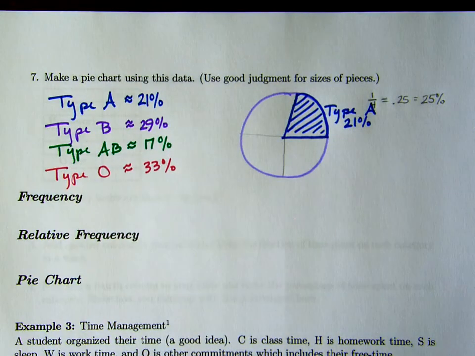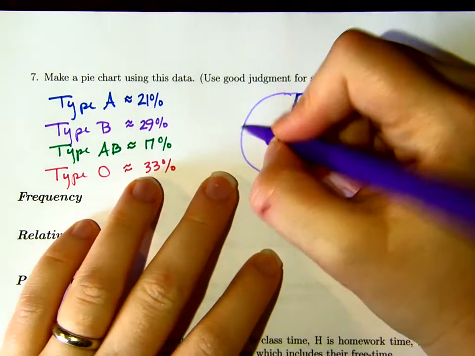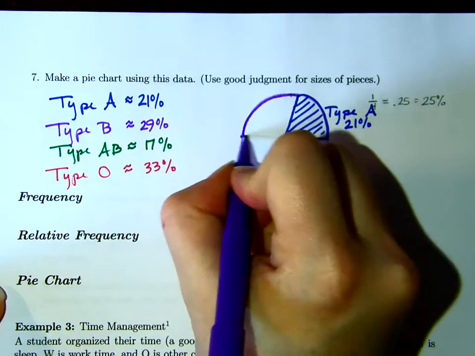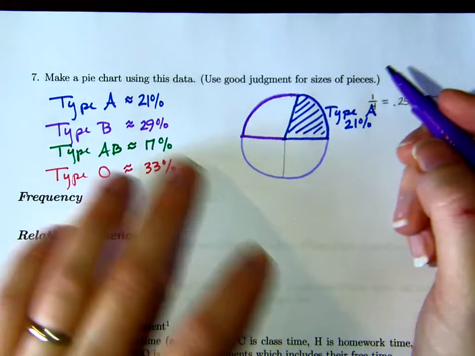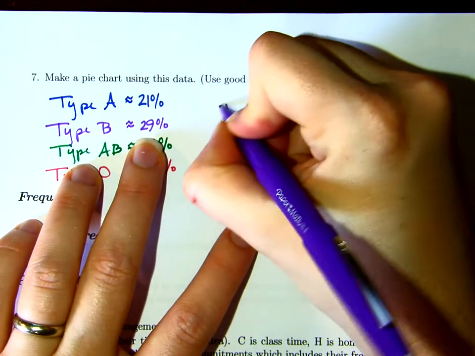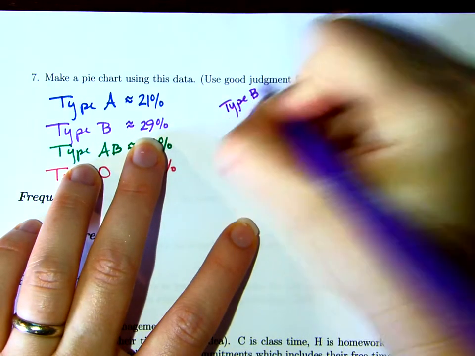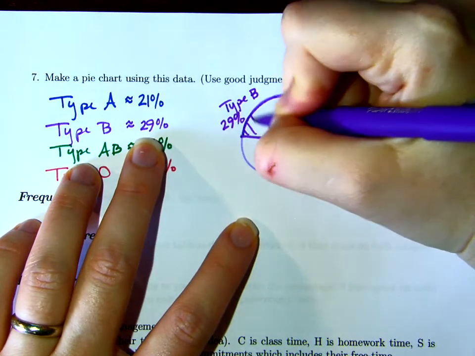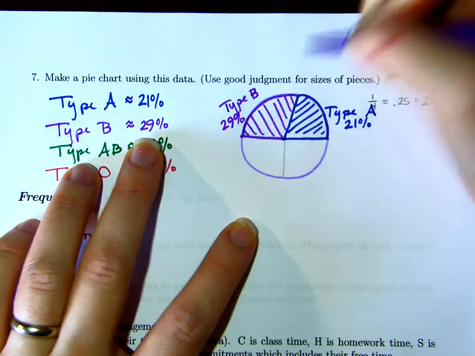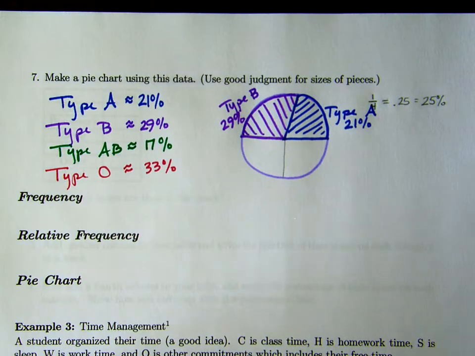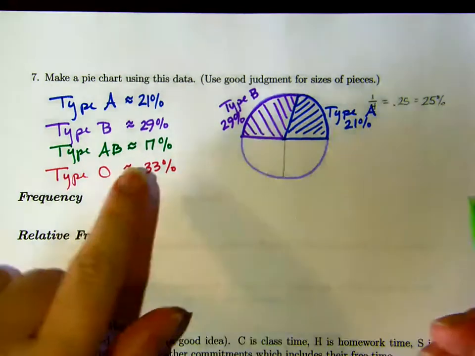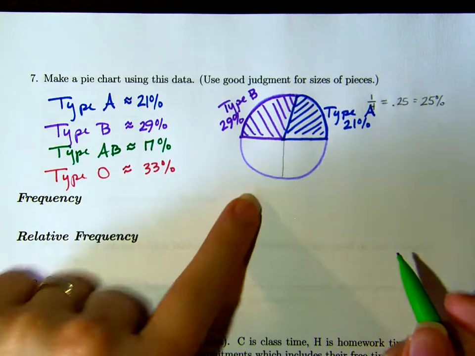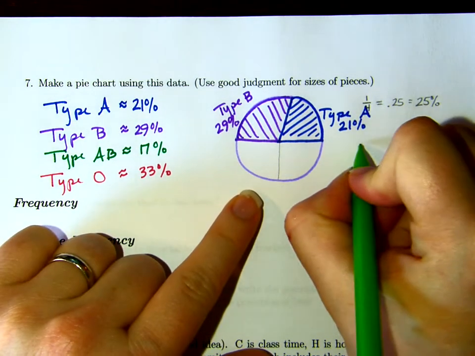And type B is the rest of this half, because I knew that adding them together gives 50%. So this is type B, which was about 29%.